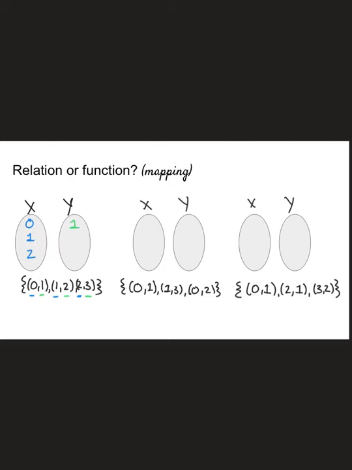And then you've got a 1, a 2, and a 3. And what we do is we draw a line, an arrow, from our input to our output. So 0 right here matches up with 1, 1 matches with 2, and 2 matches with 3.